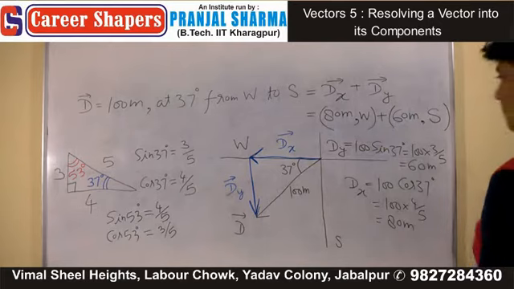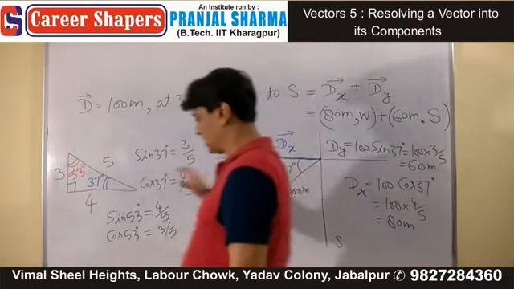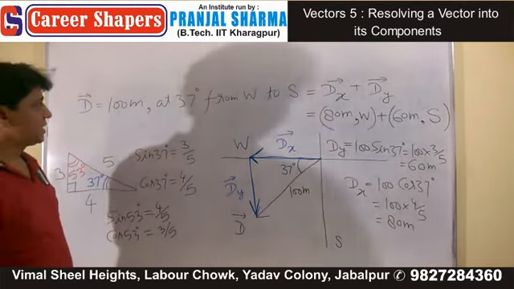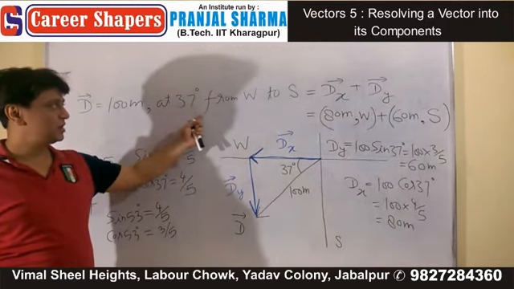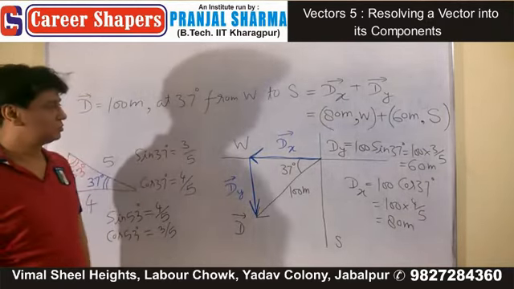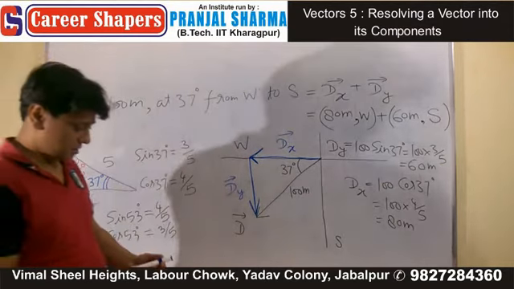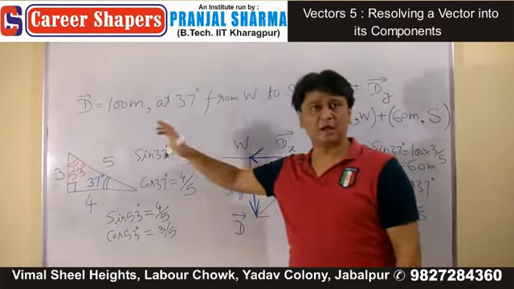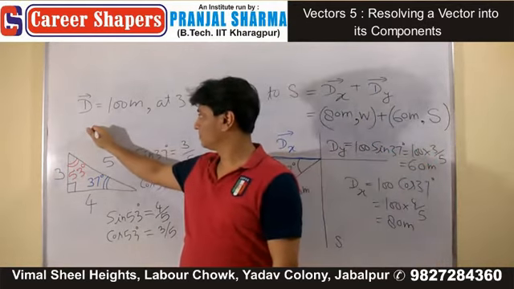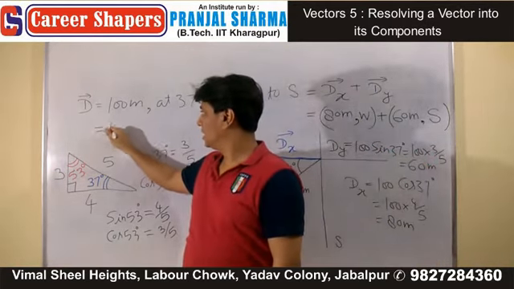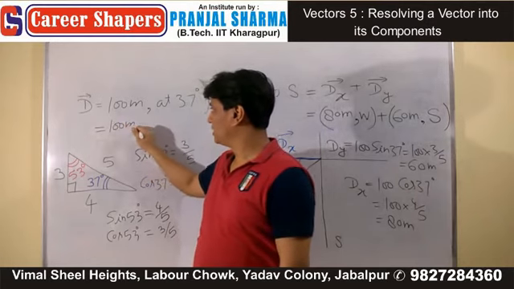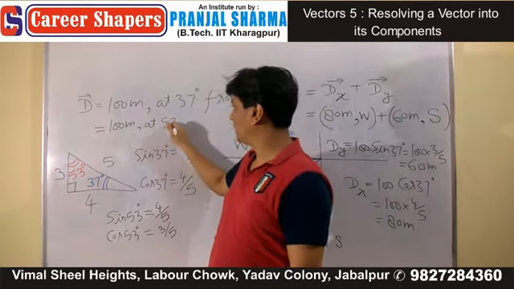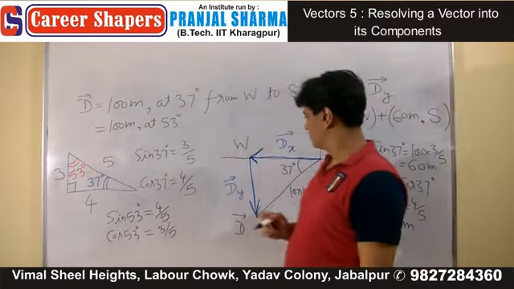Now just with the help of this same example, as I told you, this 100 meters 37 from west to south, they could have given you the whole command in this form also. 100 meters at an angle of 53 degrees.